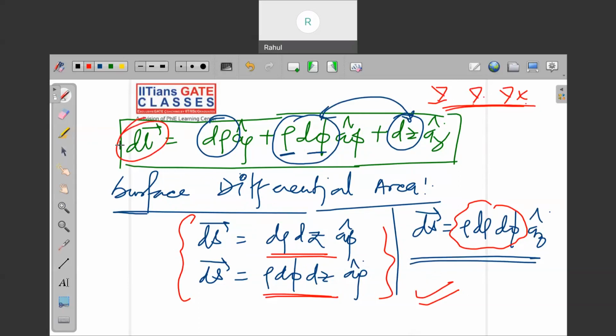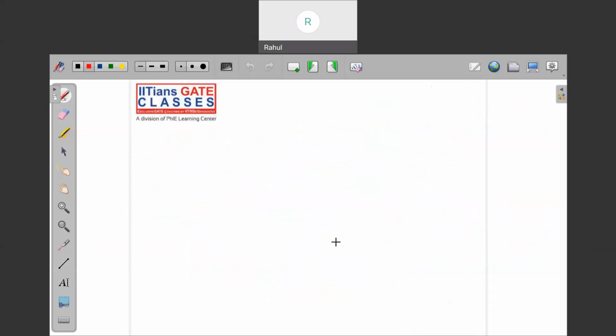To remember the formula, the surface differential area for the cylindrical coordinate system is ds equal to d rho dz, and phi is constant, and phi is the normal here, when rho is changing and z is changing. Now we can talk about the volume of that. Volume is very important.